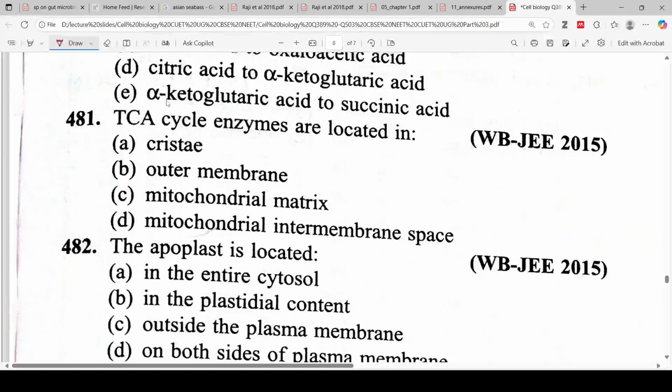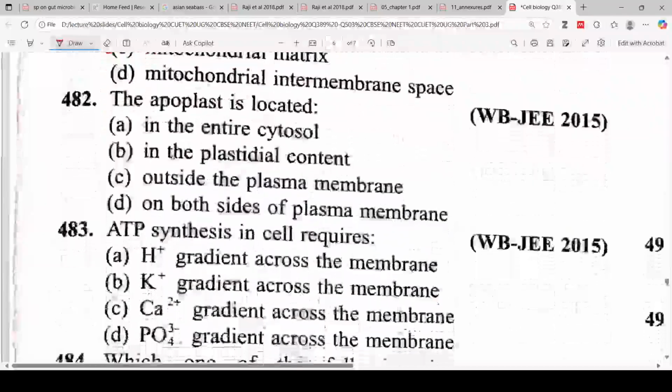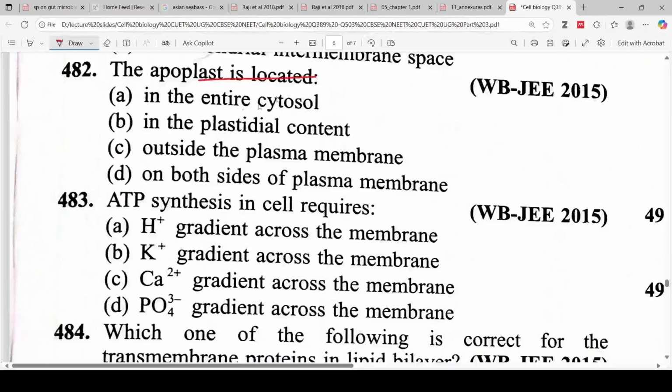TCA cycle enzymes are located in the mitochondrial matrix. Apoplast is located outside of the plasma membrane, so the correct answer will be option C, the outside of the plasma membrane.